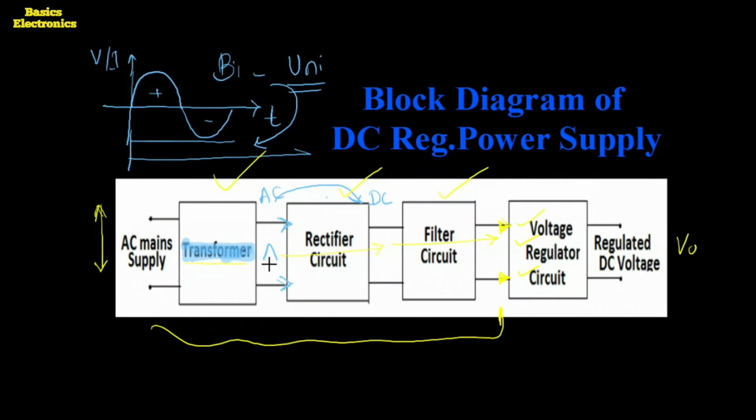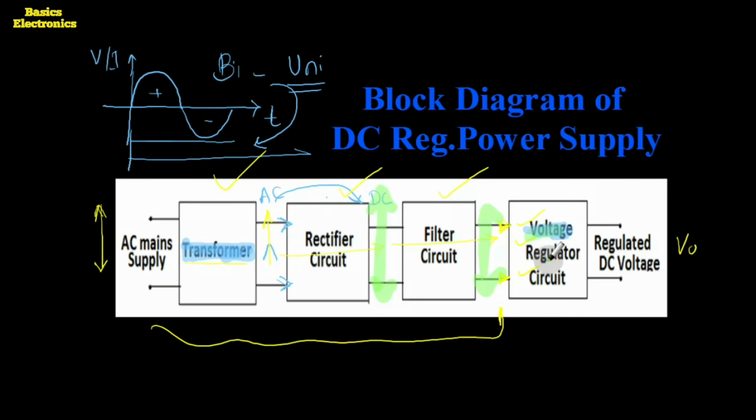The output of the filter is applied to the voltage regulator. If the AC main supply changes, then the output of the transformer also changes, and then the output of the rectifier circuit and the filter circuit also change. So here we require to use this voltage regulator.